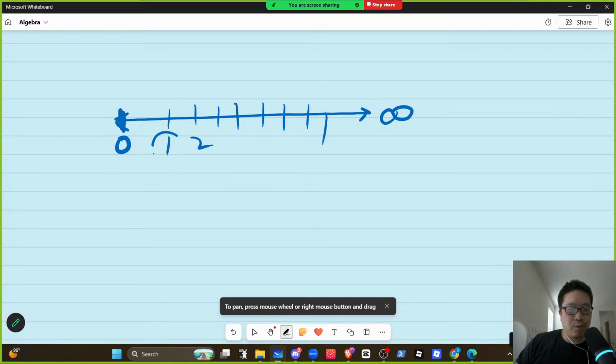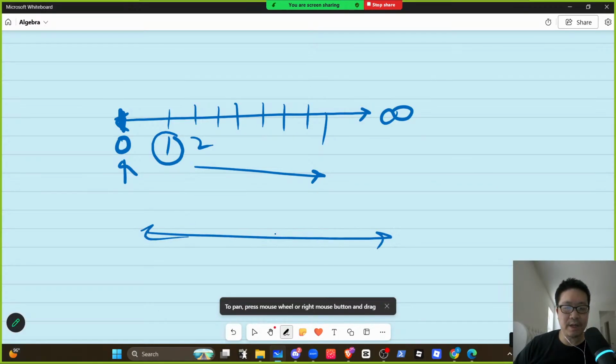If I choose 1, then any number to the right of it is going to be larger than 1. So 2 is larger than 1, 3 is larger than 1, 4, 5, 6, 7, 8, and so on. The only number that's actually less than 1 is 0. That's it.